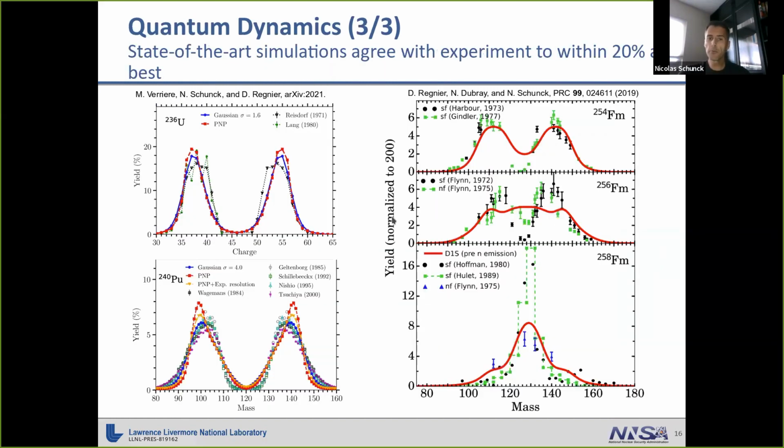And here are some examples of how well it works. It's not too bad for nuclear physics standards. So roughly speaking, 20% agreement with experiment. I show you 3 different examples, 2 in actinides, so uranium-236 and plutonium-240. This figure shows the charge distribution, so the probability of having a certain number of protons in the fragments.